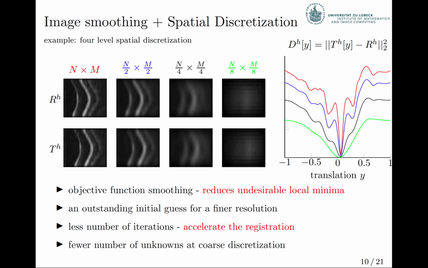And because of the smoothing of the image, we can represent our image at the coarse resolution, and we also define our deformation field at the coarser resolution, and that also decreases the number of unknowns that we want to estimate.